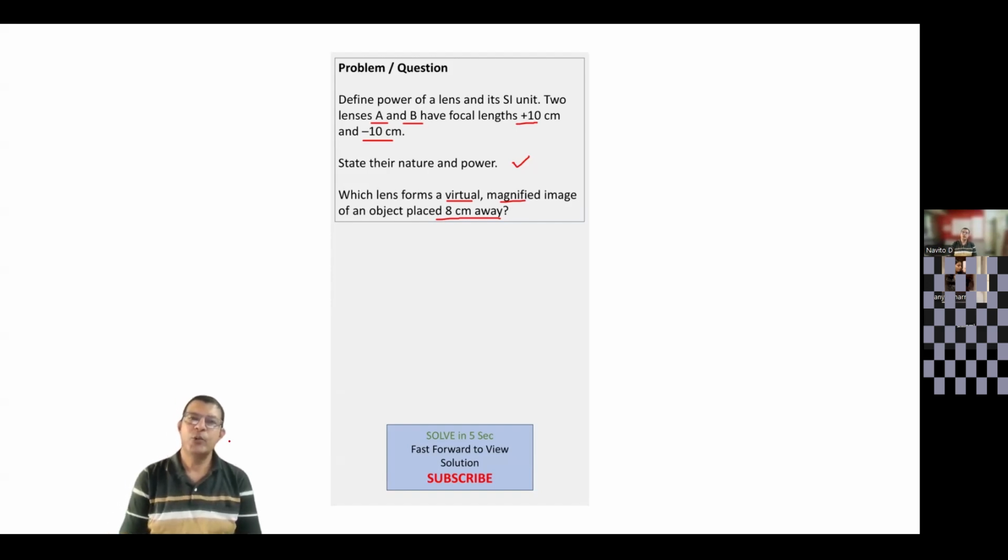Whatever answer you get, you type in the chat, and you send your solutions on WhatsApp.